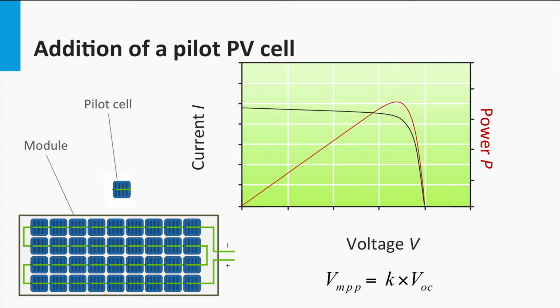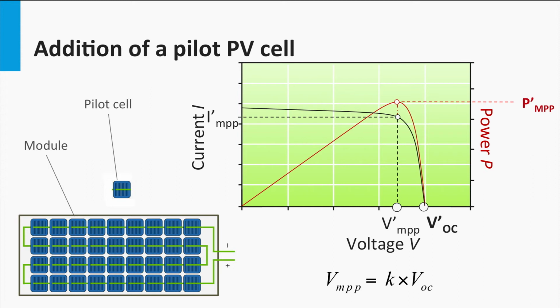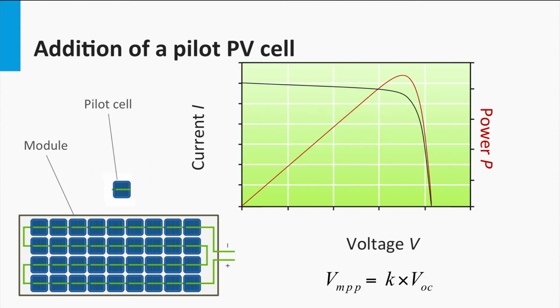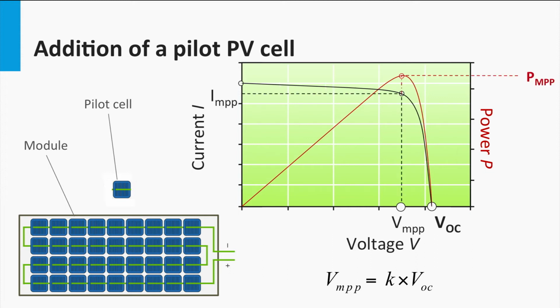Thus, while the pilot PV cell provides a good estimate of the module's open circuit voltage, the maximum power point voltage can be calculated as the K value times the open circuit voltage, and the PV voltage can be adjusted accordingly without having to disconnect the PV module.